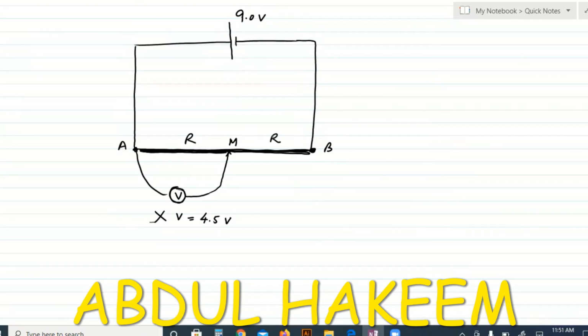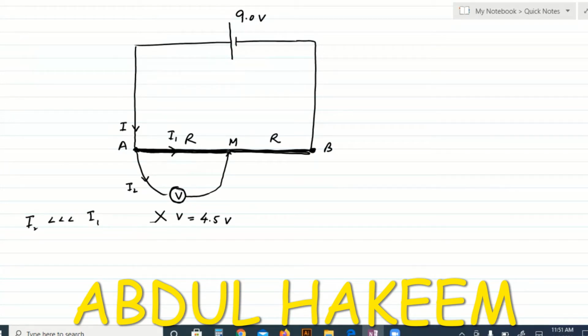But the problem is, at the junction A, when the current I enters the junction, it divides into two parts, I1 and I2. Definitely due to the high resistance of the voltmeter, this I2 is very, very small as compared to I1.